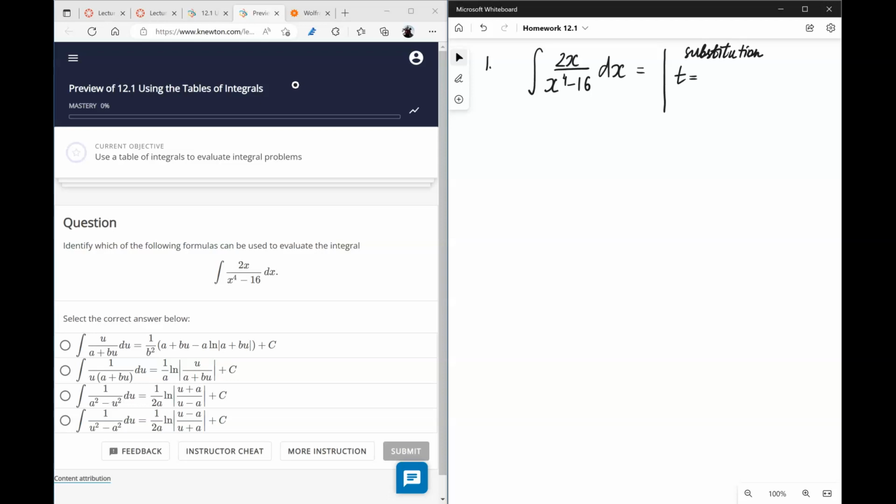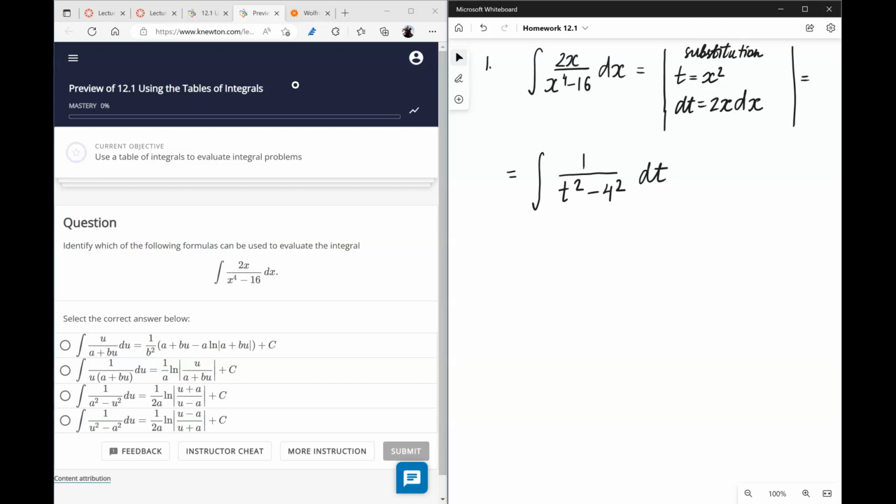that will connect what you have with what you know. And here a substitution will be t equals x squared, and we're going to have dt is 2x dx, and this whole integral will become dt, and here we have x to the 4, but x to the 4 is just t squared, and it will help us to, instead of 16, write it as 4 squared.